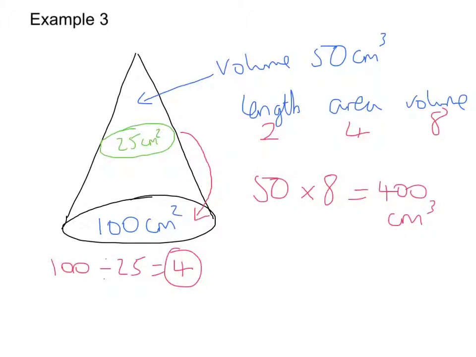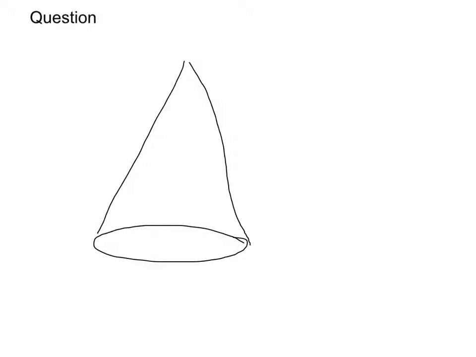Okay, time for you to have a go at one by yourself. I'm going to do another similar one with a cone, and here it is. Here's my cone. Let's say that the area of the bottom part is 450 centimetres squared.